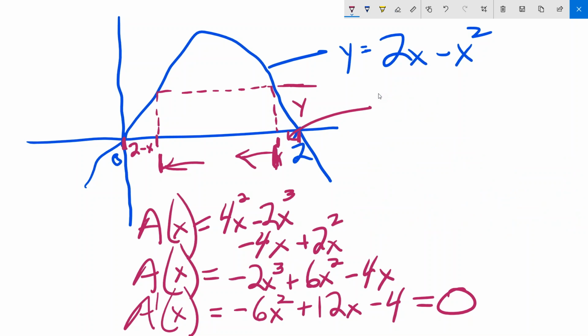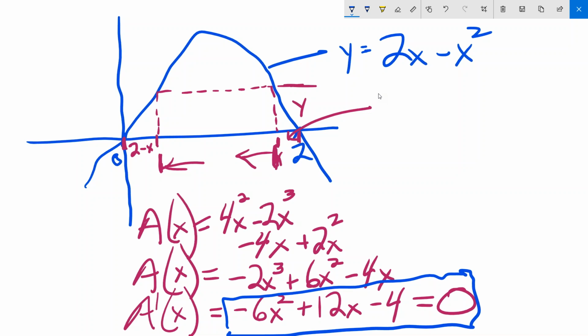What should I write for my next line? Oh wait, you already said set it equal to 0. Right. In other words, I'm working with this right here.